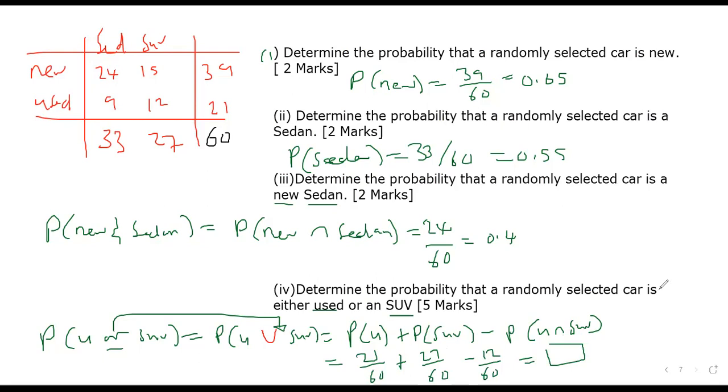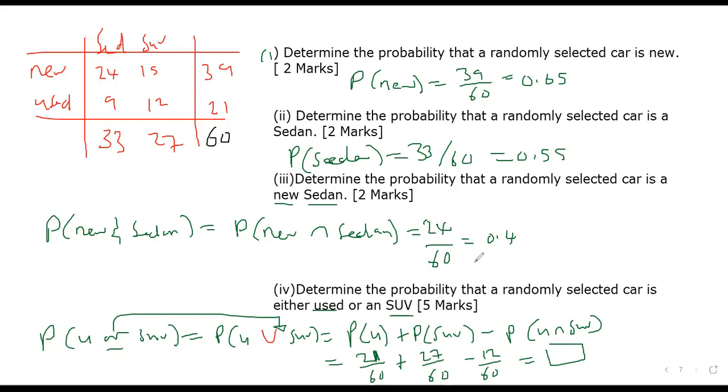Sorry, is that 24 or 25? The first one, used, the total for used was what? 21 over 60. Then SUV is 27 over 60.